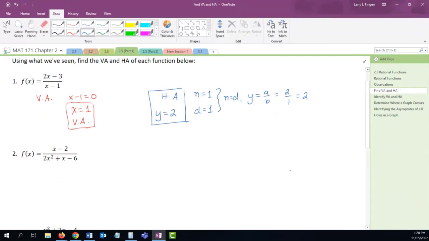Next, I've got x minus 2 over 2x squared plus x minus 6. Does the denominator factor? Does it factor? Let's find out.